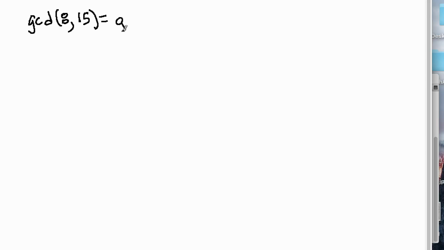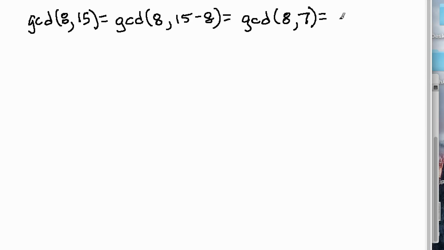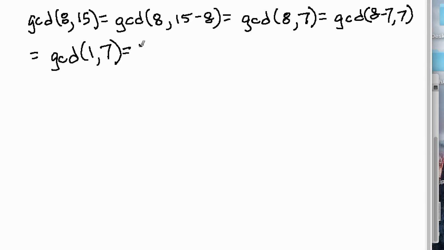Well, that's going to be equal to the GCD of 8 and 15 minus 8, which is equal to the GCD of 8 and 7, which is equal to the GCD of 8 minus 7, 7, which is equal to the GCD of 1, comma 7, and we can see that that's going to be 1.